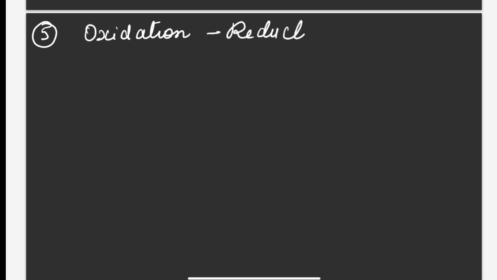So we will go for the fifth type of reaction, which is very simple. This is called oxidation and reduction reaction. First let us see what is oxidation. Oxidation is nothing but addition of oxygen.